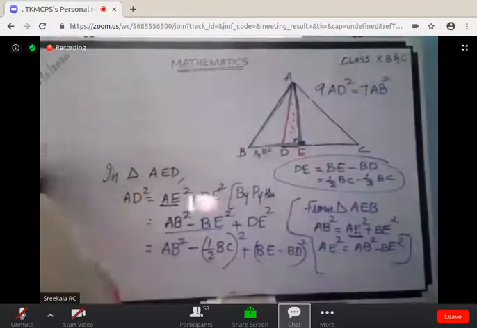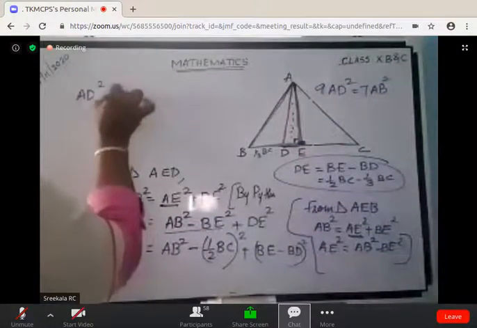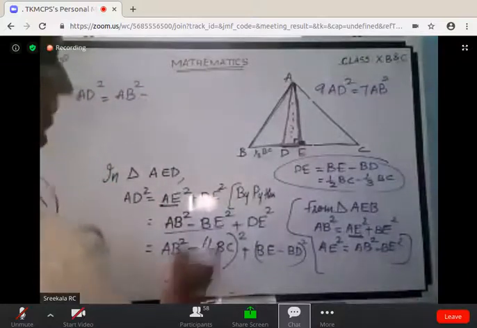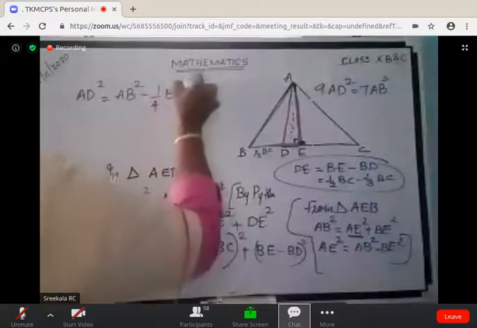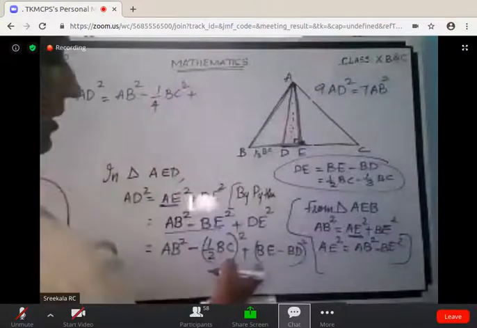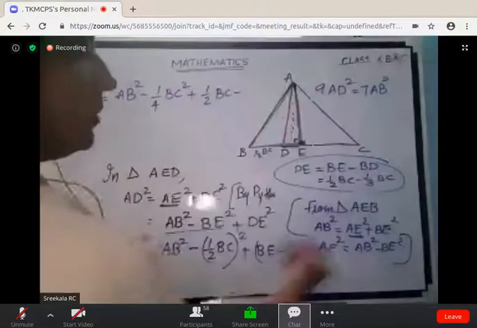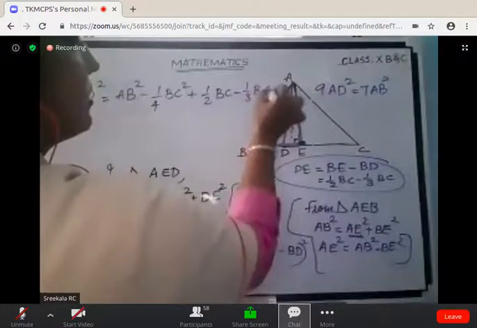After that, we can write AD square equal to AB square minus the square of 1 by 2 BC, which is 1 by 4 BC square, plus BE minus BD, where BD is 1 by 3 BC, given in the question.